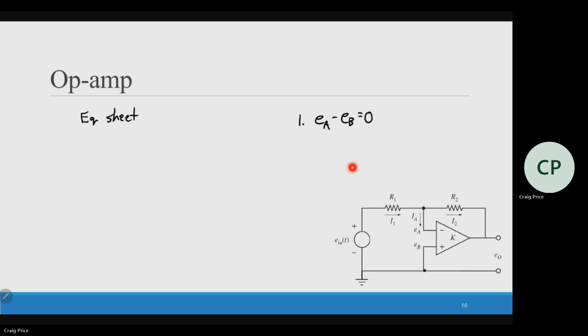And if this is grounded, which it normally is, then both of these are equal to 0, which means at this point here, the voltage is equal to 0. And that can really help.